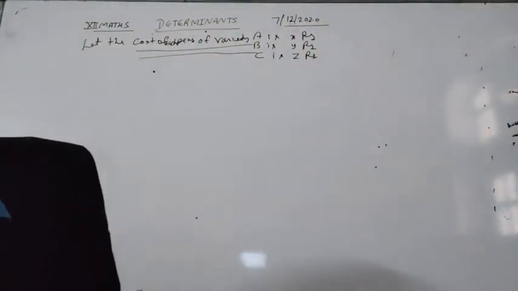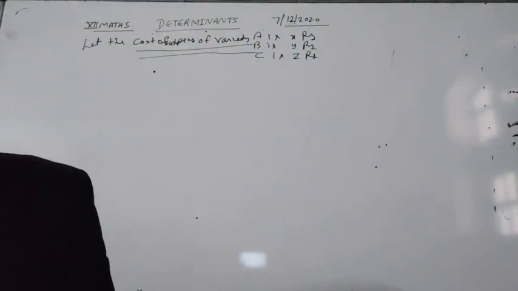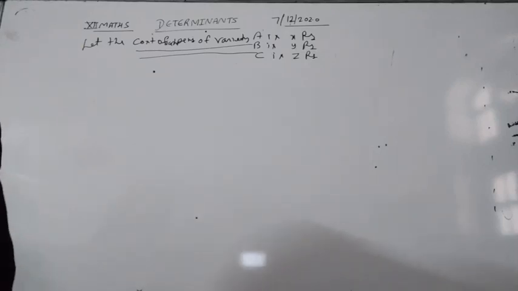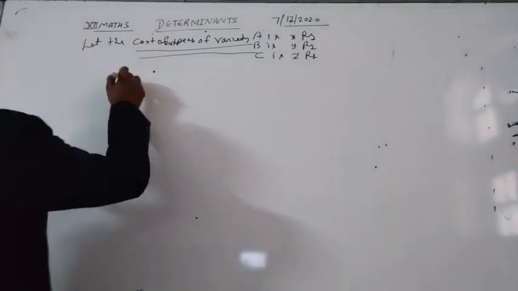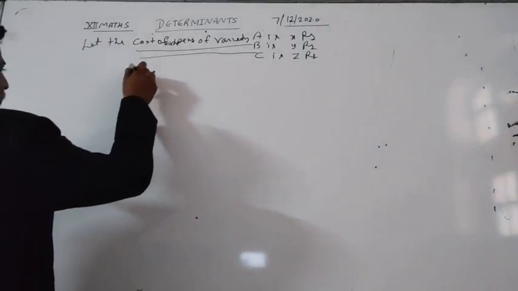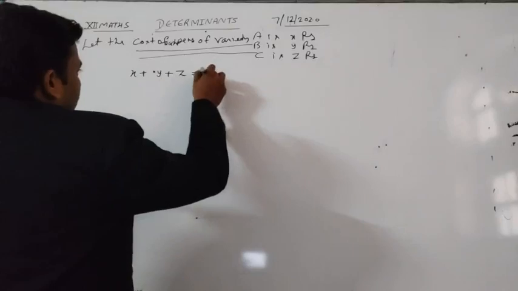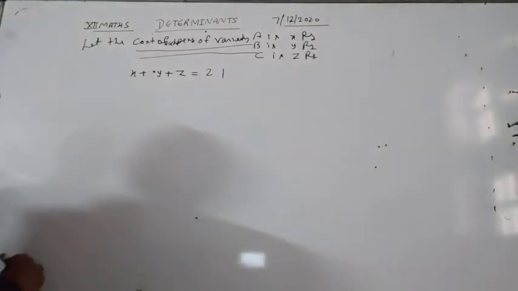Okay. So our question says that a shopkeeper has 3 variety pens A, B, C. Menu purchased 1 pen of each variety for a cost of 21. So according to the question, our first equation is x plus y plus z is 21, because one pen of each variety.